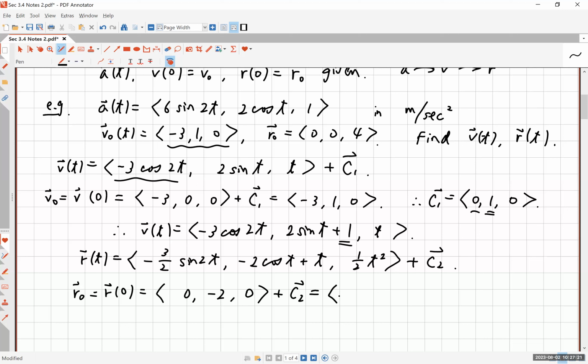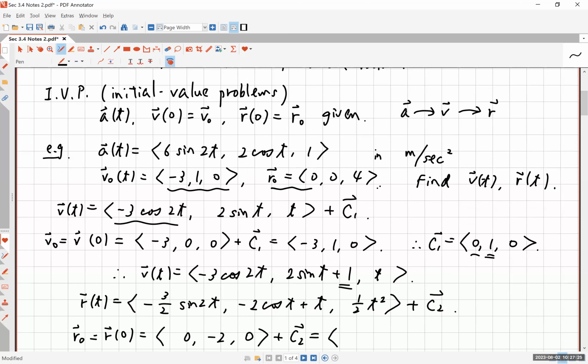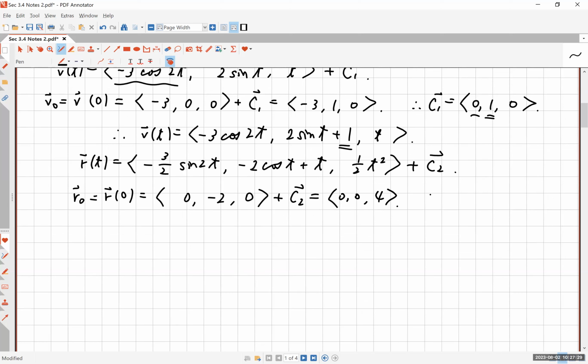And we are given, remember, that R naught is 0, 0, 4. And that is going to give us C2. What is our C2? Well, C2 is going to be this minus that, right? So it's going to be 0, positive 2, and positive 4. The arithmetic could be tricky, so be careful, right?